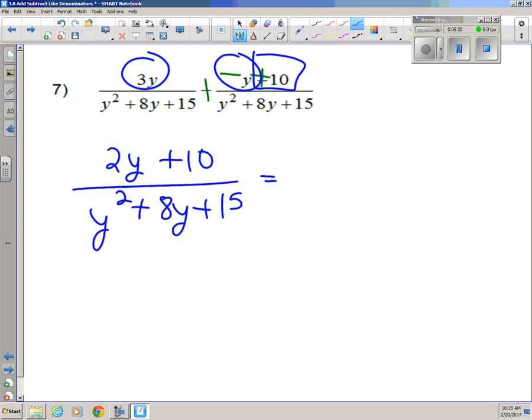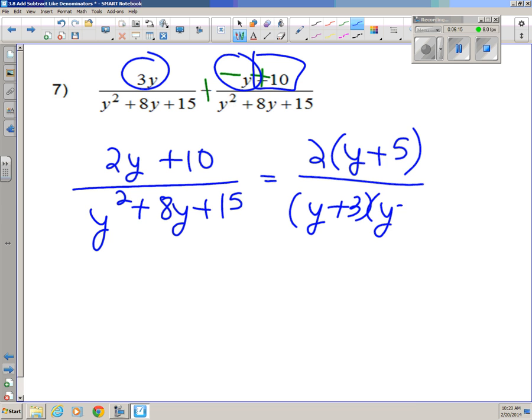I can factor everything, GCF up top, 2, y plus 5 left over. On the bottom, I've got y plus 3, y plus 5. I realize that these two binomial factors can cancel each other out.